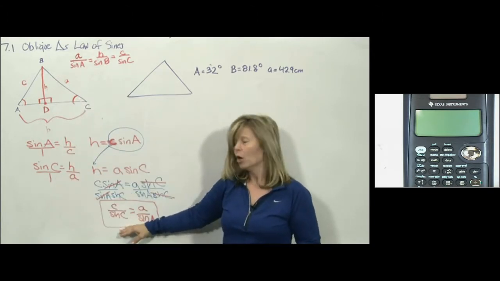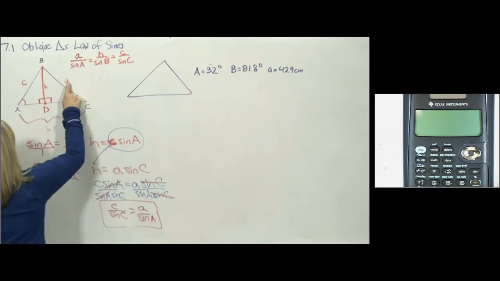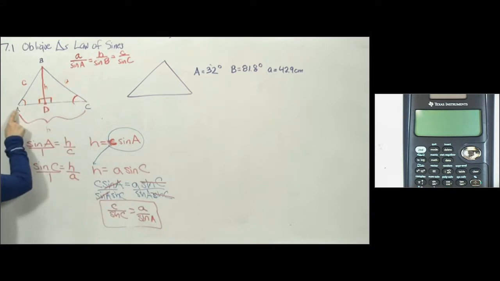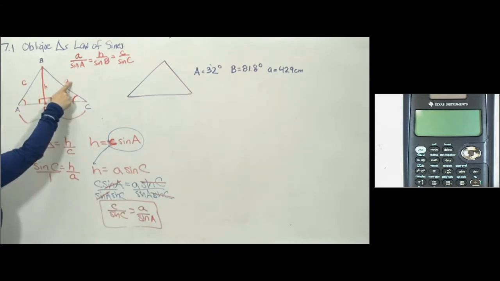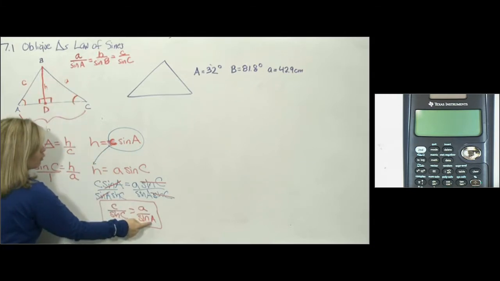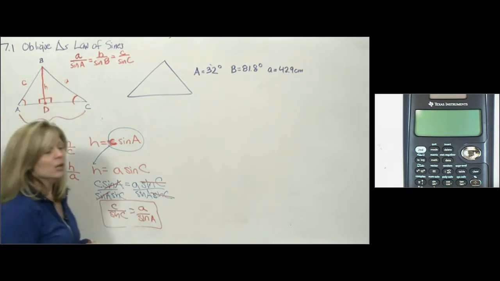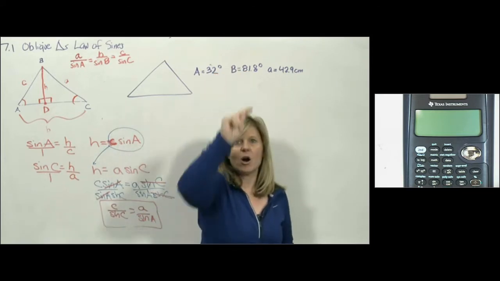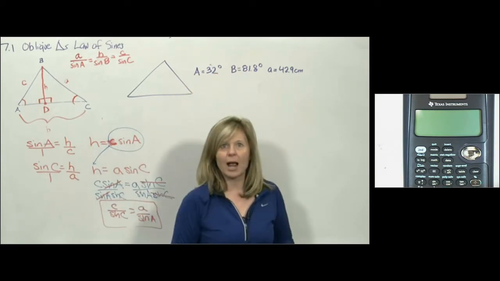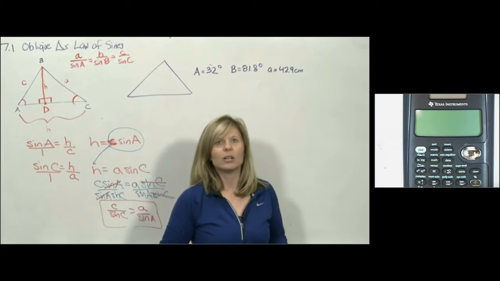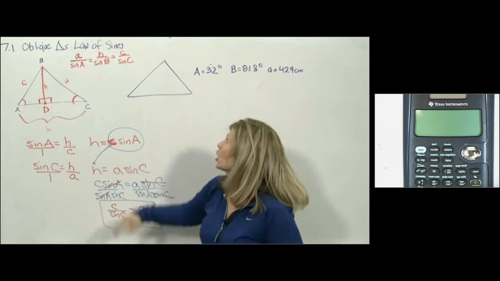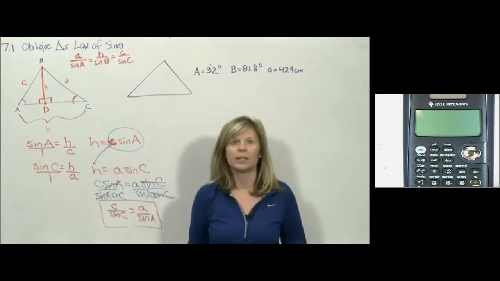But again, who said this side I had to label A? I could have had the letter B here, and this would have been B over the sine of B. So the law of sines is side over angle, side over angle, side over angle. And it's called the law of sines because we're using the trig function sine only.